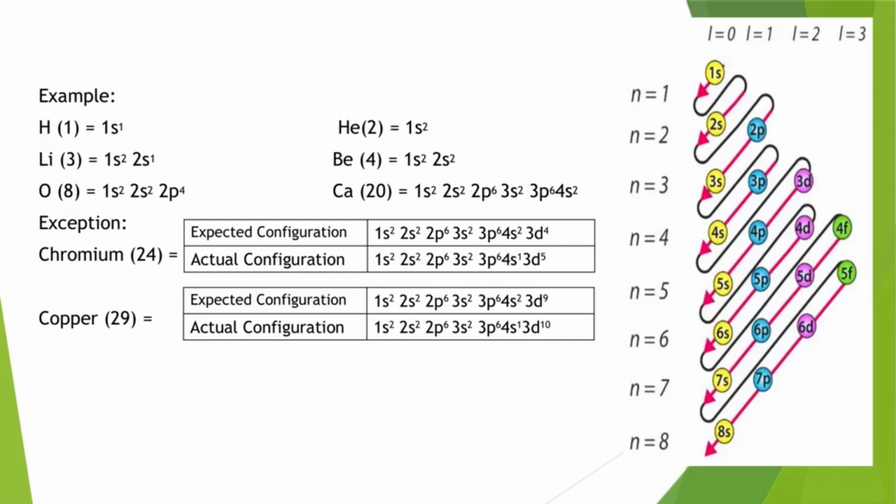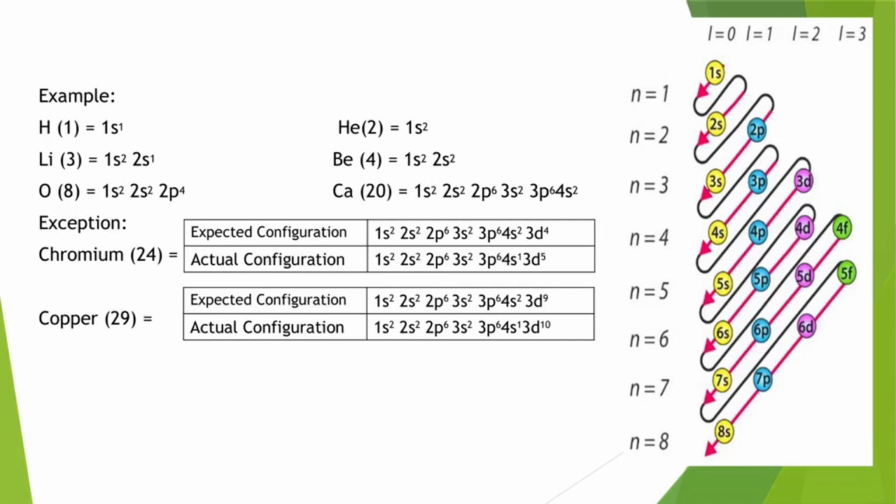In helium 1s2, that means 2 electrons, the capacity of s is already completed. Now the extra electron will go to another subcell, that is 2s. So in lithium 1s2, 2s1. Like that in beryllium 1s2, 2s2. Oxygen and calcium also I have shown you in the slide. So you can see, and I have already discussed that.